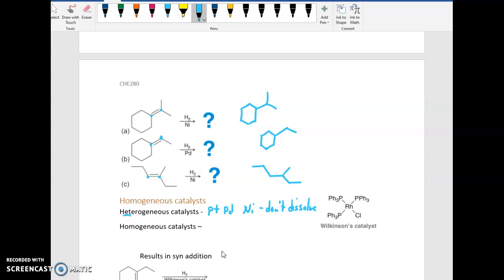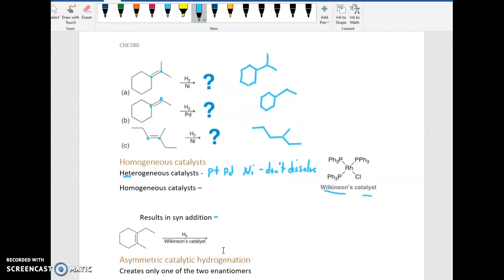And one of the common ones is Wilkinson's catalyst. And they're going to result in syn addition in the same way that our heterogeneous catalyst did. So if we use a Wilkinson's catalyst, we'll get something very similar to what we'd get if we used palladium, and the enantiomer. I'm just not going to draw it.